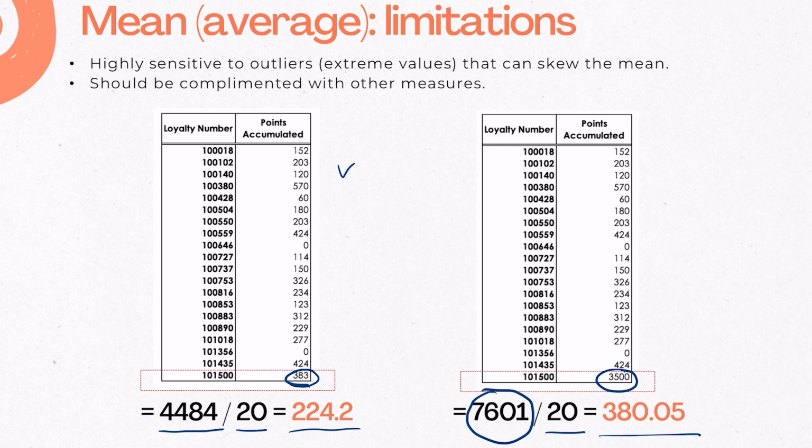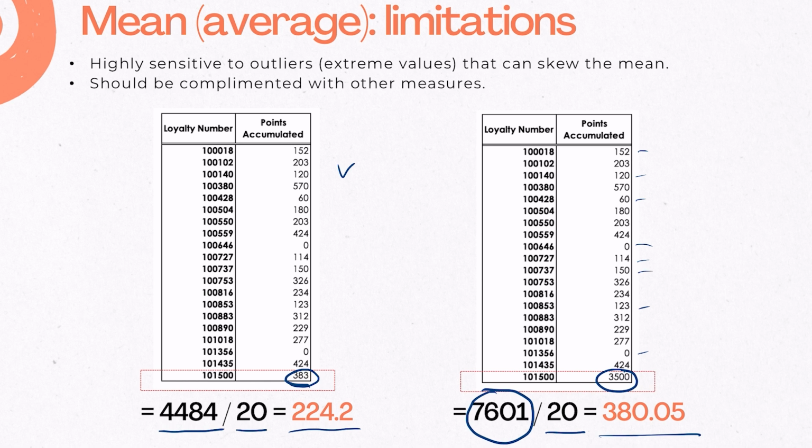And now I see that this value is not actually representative of all the values in my dataset, because I have a lot of values that are far smaller than this 380, right? This is smaller, 60 is very small, zeros, 123 is super small, 114, 150.